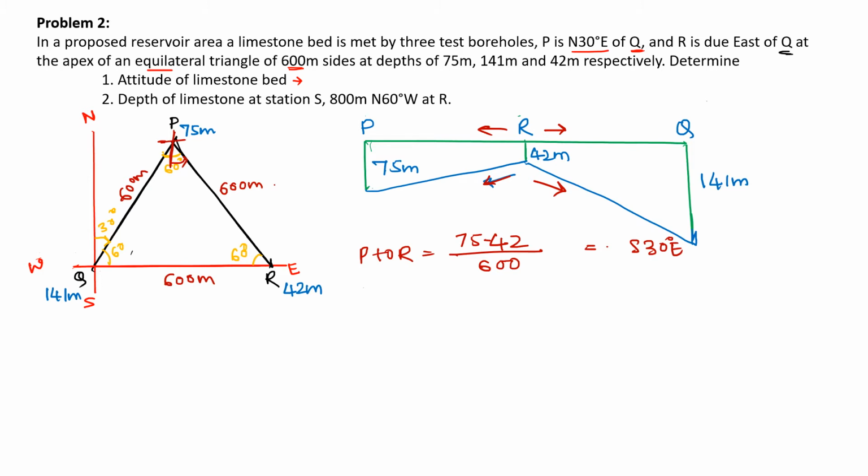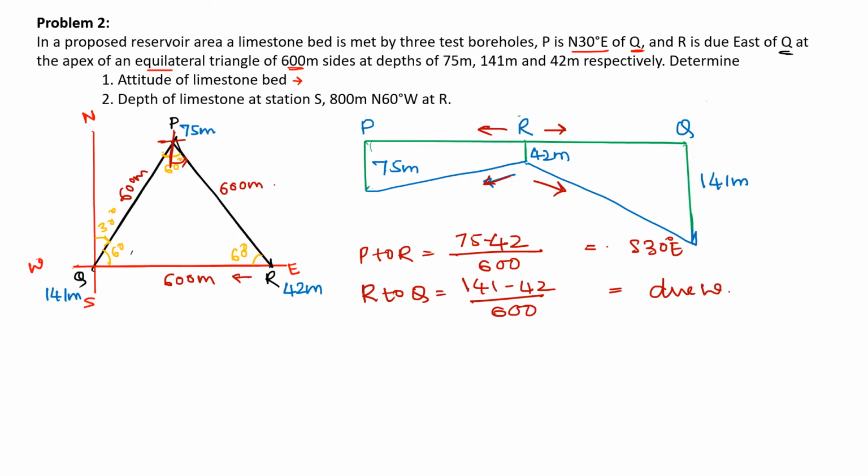Now another one we have R to Q, and that is 141 minus 42 divided by 600. While the direction for this: Q to R is due east, so R to Q will be due west.